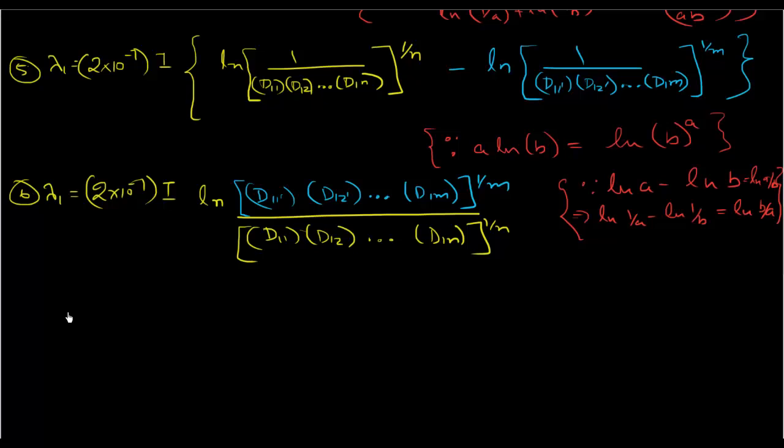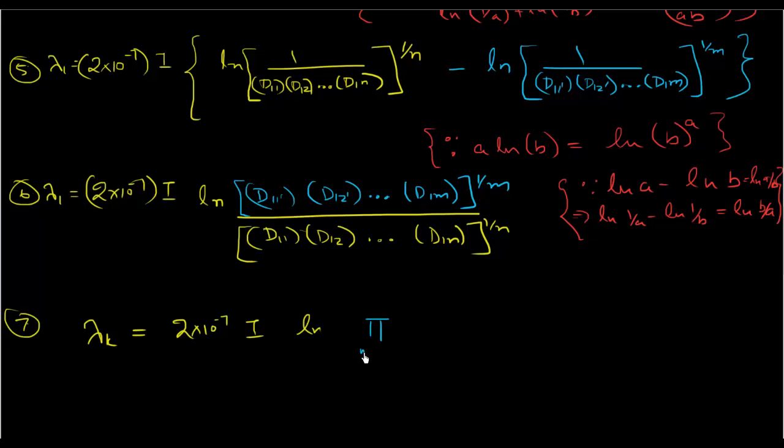So we can generalize that and say lambda of k is going to be 2 into 10 to the power minus 7 I ln of, we're going to use a new symbol for product, which is capital Pi.